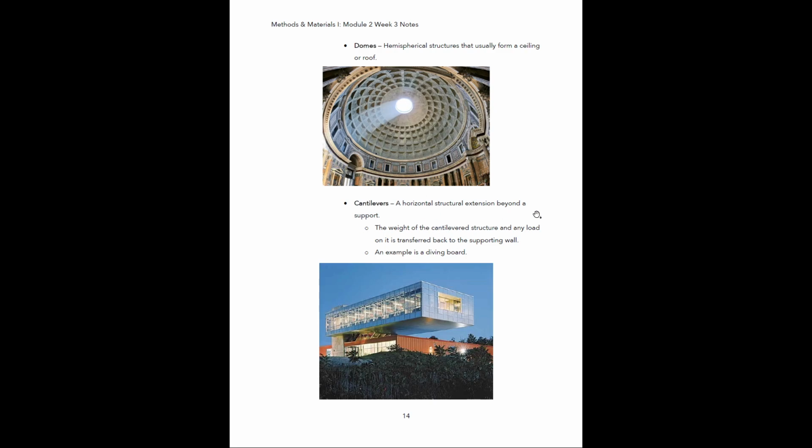Cantilevers, these are horizontal structures that extend out beyond a support. The weight of the cantilevered structure and any load that is on it is then transferred back to the supporting wall. So for example, like a diving board, okay? Here's an example here of it used on a building. So you have this basically cantilevered structure that's hanging out all the way past this big concrete supporting wall here.